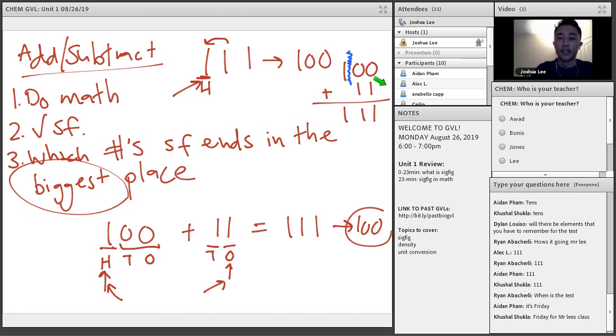This sig fig ends right here. And the one that ends first is the one that we're going to follow. And then you can follow this line all the way down. That means we keep everything on this side. So we definitely keep the 1 in the hundreds place. Then the rest just becomes zeros.